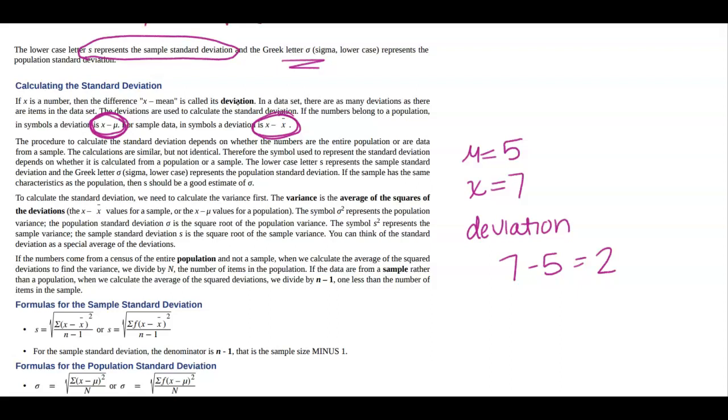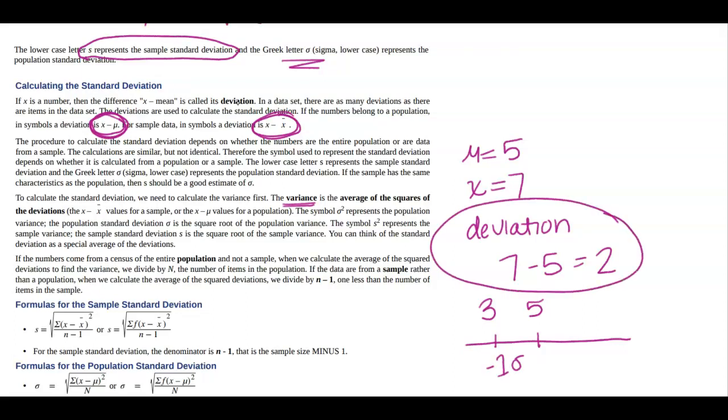Now, the variance is the average of all the different deviations. And we're going to square those so that it doesn't matter if you are at 3, because that would be a deviation calculation here of -2, because you're down 2 from here, or 7, you're still a deviation of 2 from the mean.